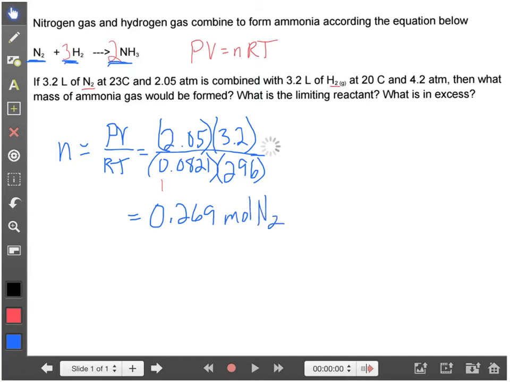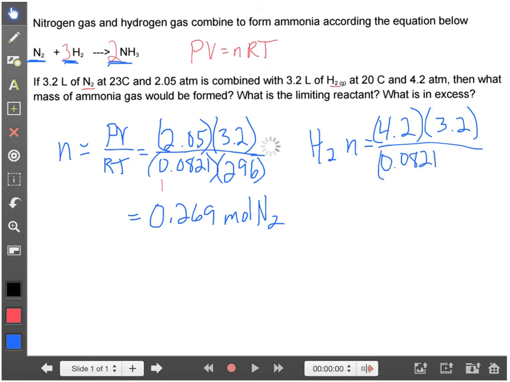And I'm going to do the same thing with the H2, moles of H2. So I'm looking for n, and I plug in my values. It's going to be 4.2 ATM times my volume of 3.2 liters over my gas constant 0.0821 times my temperature in Kelvin, which is 293.